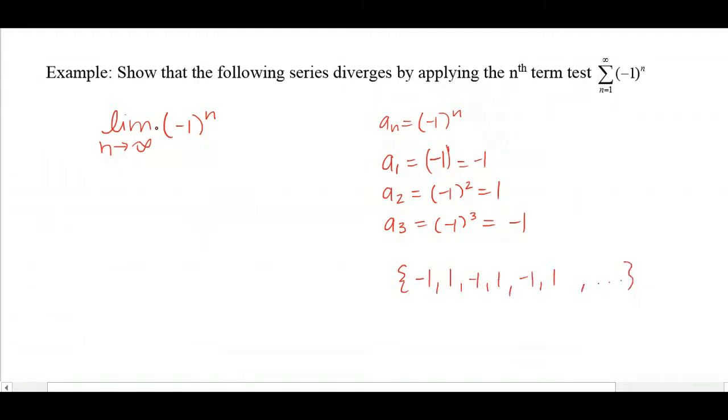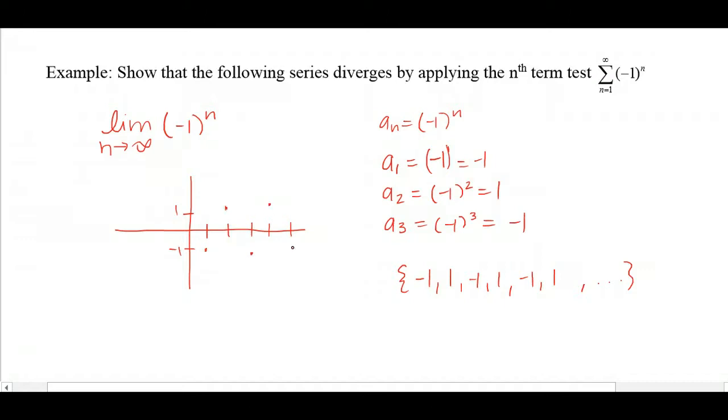So as you can see, this limit does not exist. If I thought about graphing this, which is another great thing to think about, so 1, 2, 3, 4, 5, let's just plot a couple. At 1, we're down here at negative 1, and then at 2, we're at 1.